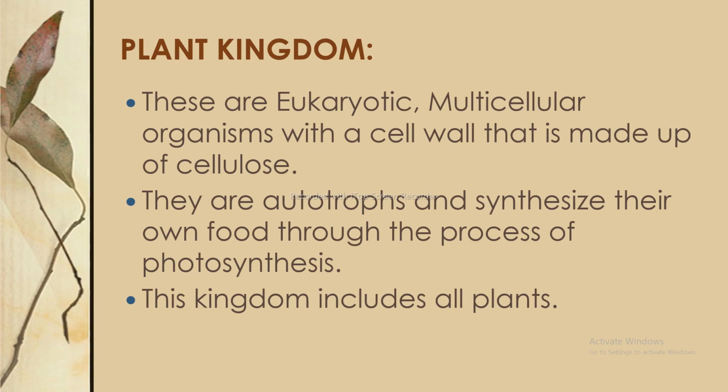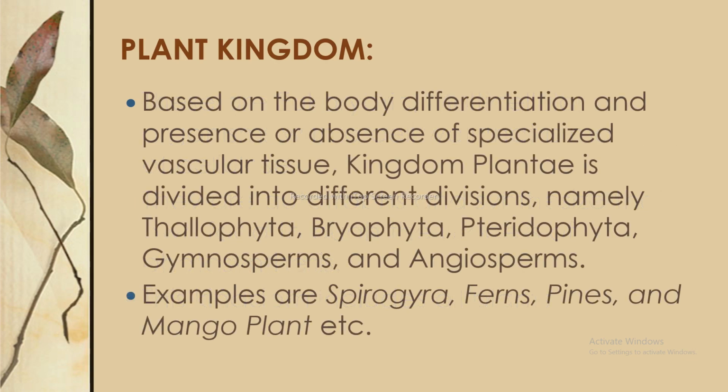This kingdom includes all plants. Based on the body differentiation and presence or absence of specialized vascular tissue, kingdom Plantae is divided into different divisions, namely Thallophyta, Bryophyta, Pteridophyta, Gymnosperms, and Angiosperms. Examples are Spirogyra, ferns, pines, and mango plant, etc.